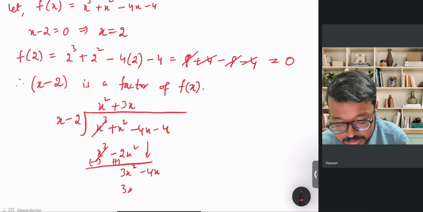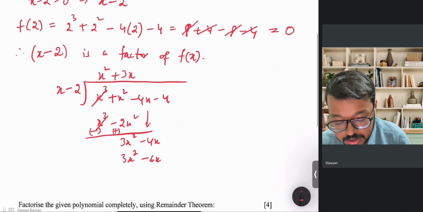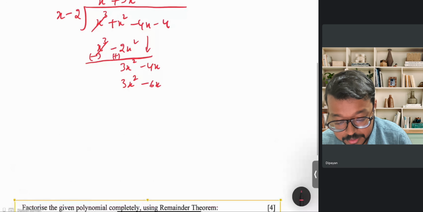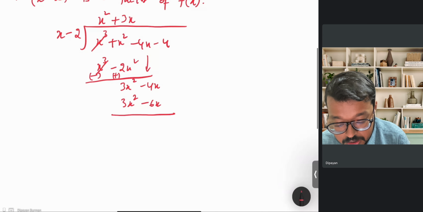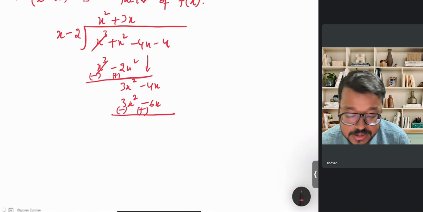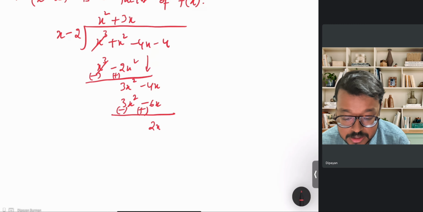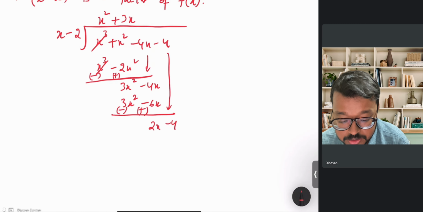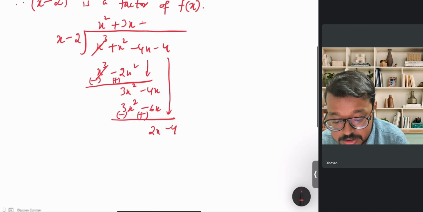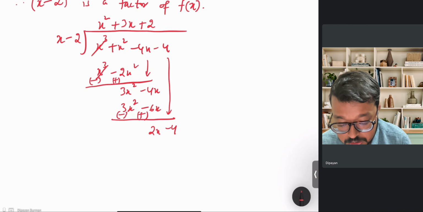So we will get 3x square minus 6x. Again we are subtracting. So now here we will get 6x minus 4x is 2x. And this minus 4, I'm moving it down here. So the last term will be plus 2. So we will get 2x minus 4.